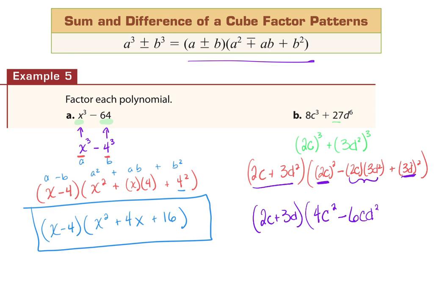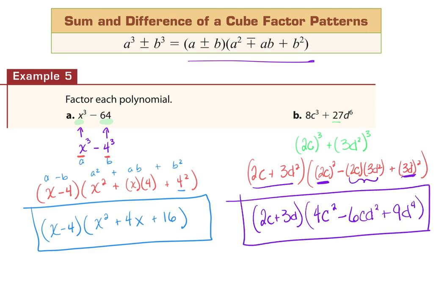So when I simplify that, 3 squared is going to give me a 9. D squared squared is going to give me a d to the 4th. And so that is my answer for that factoring. So you really need to memorize this factoring here. You need to memorize if it's a cubed plus or minus, what's the factoring there? All right, so let's try.